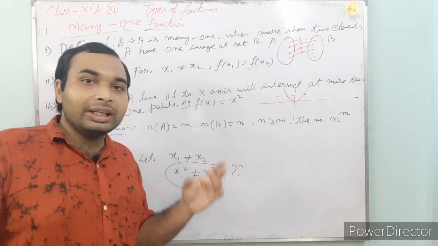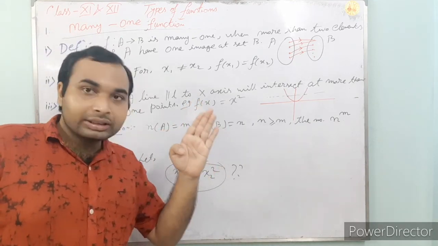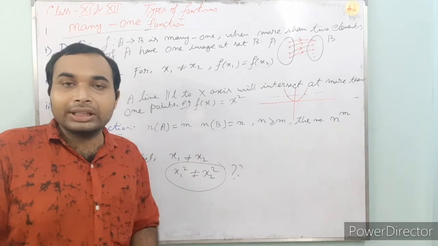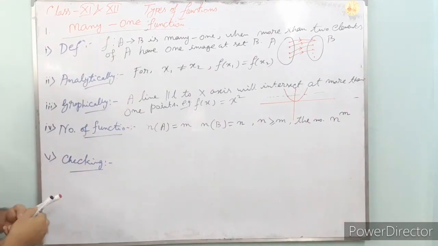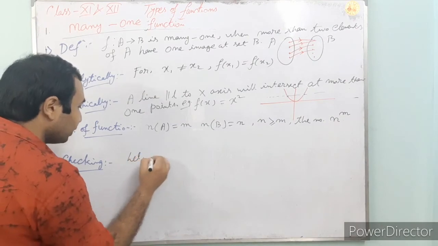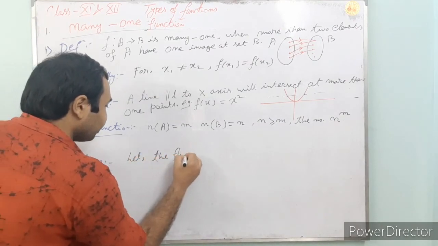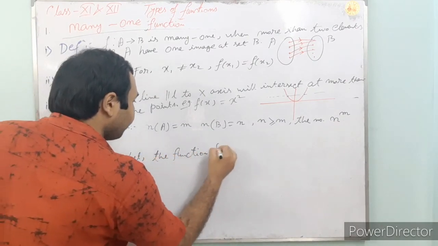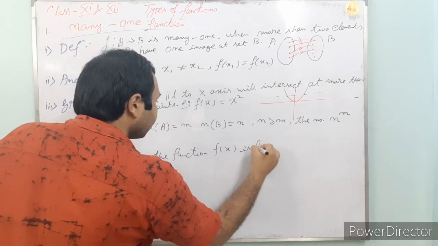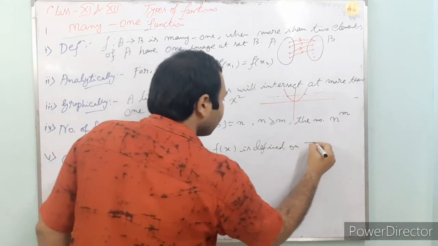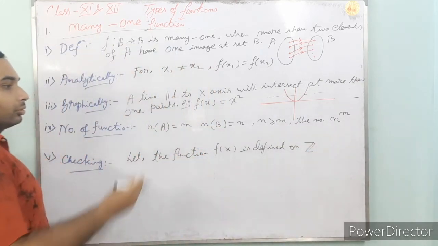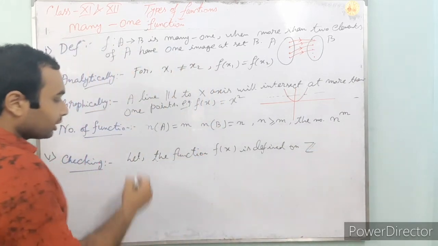That's why I am saying, just take one example for those cases. I am taking, that is, let the function f of x be defined on the set of the integers.